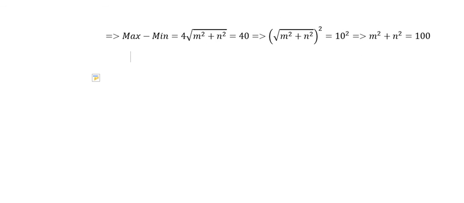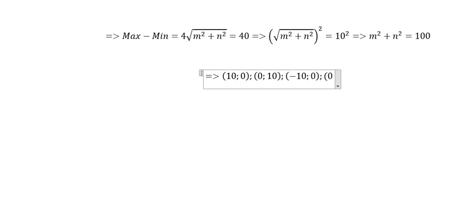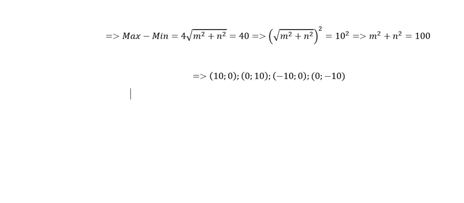So we can answer the first ones: 10 and 0, then 0 and 10, negative 10 and 0, and 0 and minus 10. These are the first 4 couples.